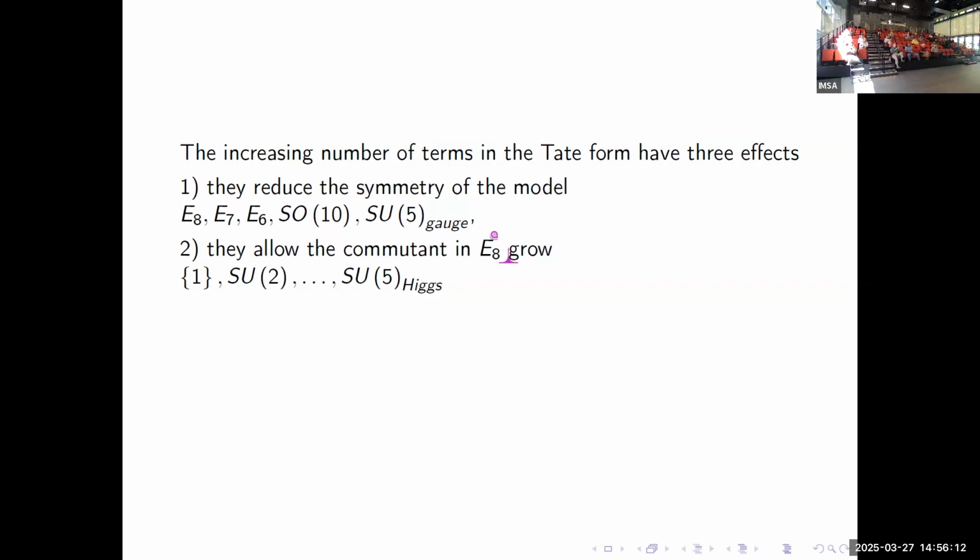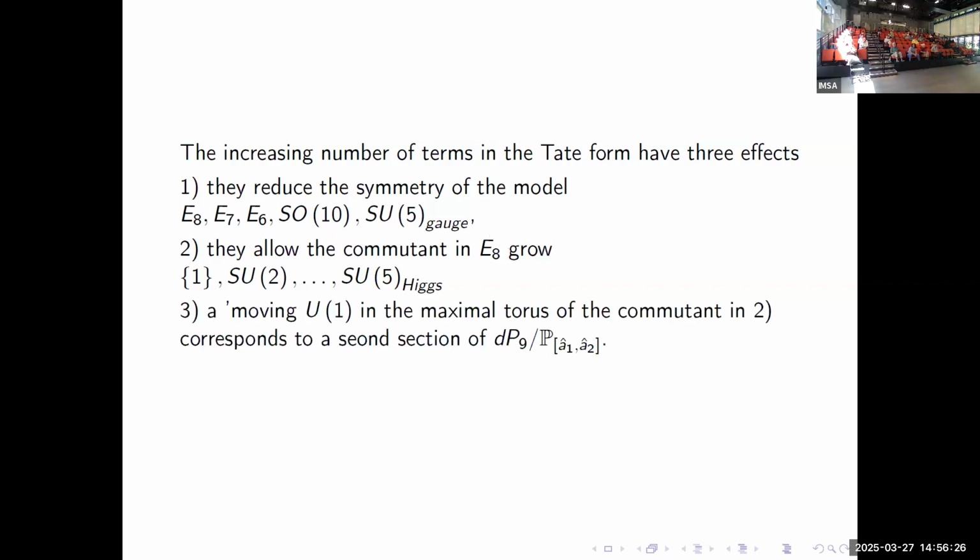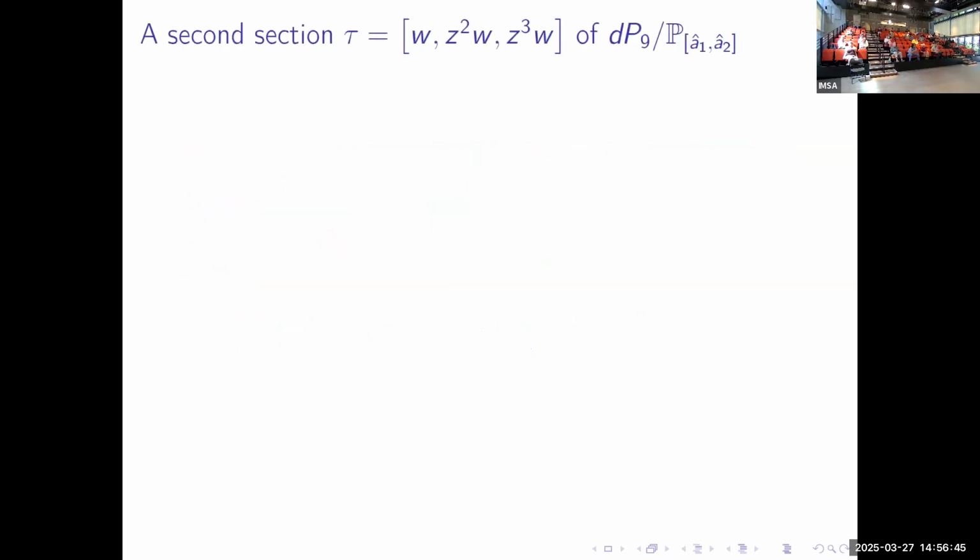That goes from nothing to SU5 Higgs. The sum of SU5 Higgs and SU5 gauge is a maximal rank subgroup of E8. A moving U1, we're going to see in a minute, corresponds to a second section of the DP9.